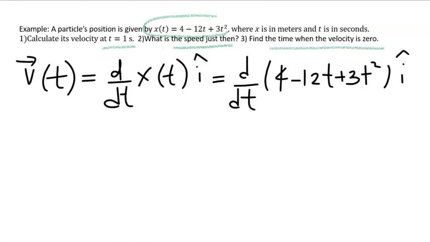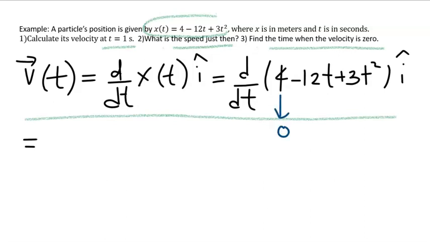By using the definition of instantaneous velocity, we arrive at the following. So the derivative of 4 is 0. The derivative of minus 12t is minus 12. Derivative of 3t squared is 6t.